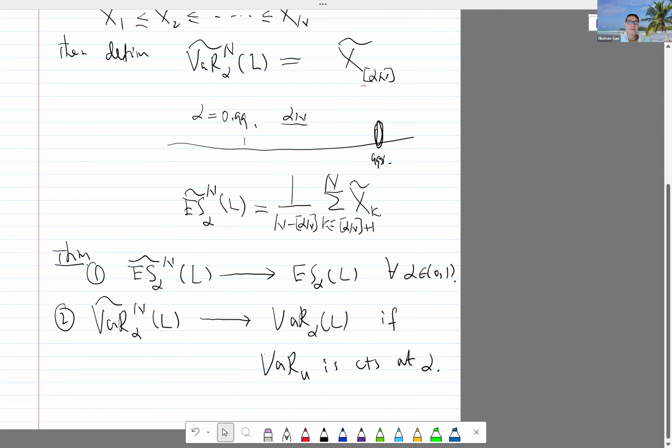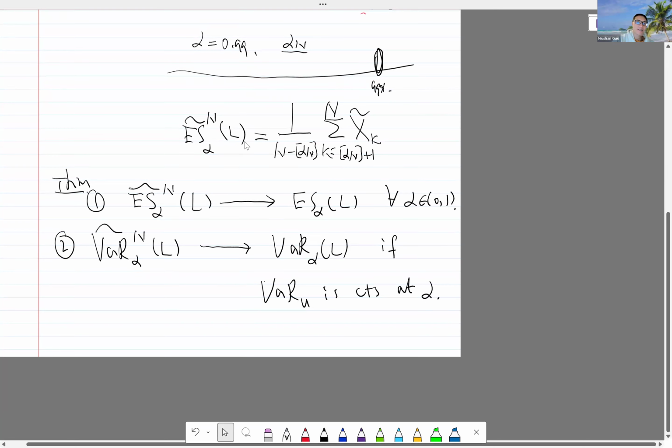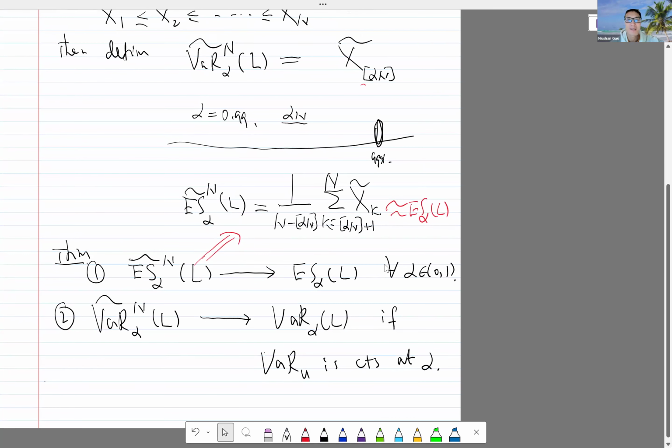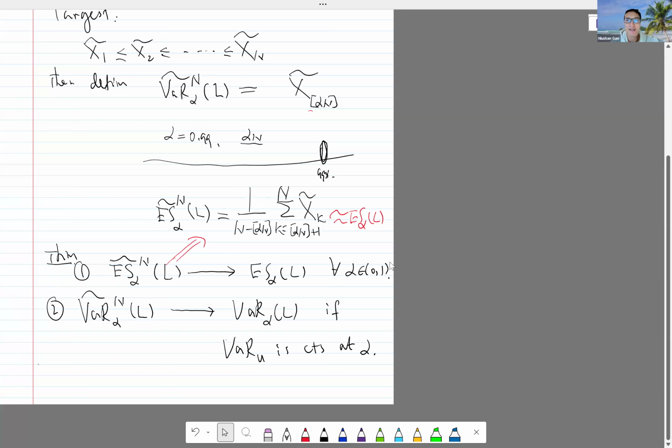Because convergence basically means that if n is large, this estimate is close to the expression you are using. So now we can simulate data, then use the data to estimate your expression. If n is larger, the estimation would be more accurate.